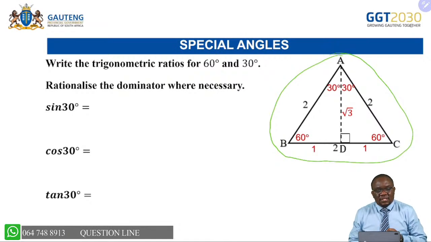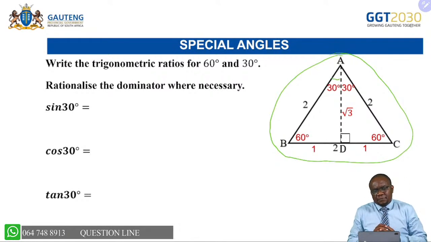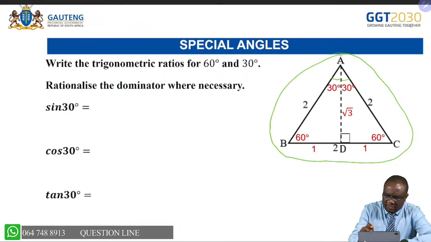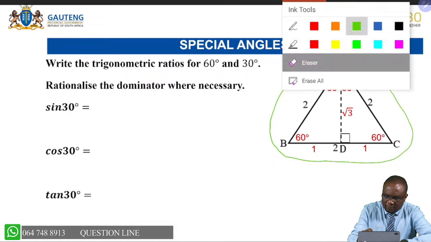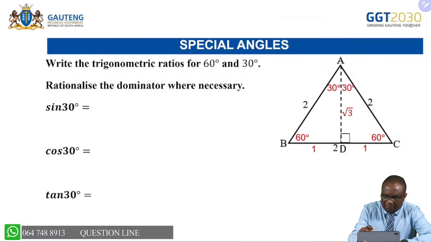Angle B is 60 degrees, angle C is 60 degrees, angle BAD is 30 degrees, and angle DAC is 30 degrees. Make sure that the things I've mentioned are there on your diagram. I want to erase this thing so that it doesn't disturb us.